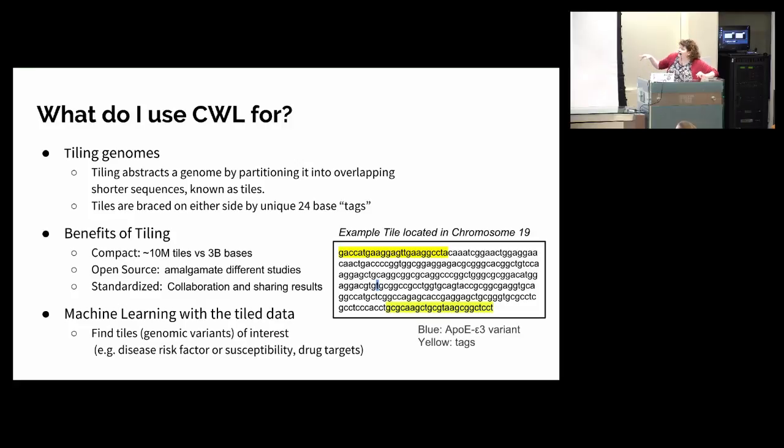If you have both of these variants, T on both sets, you're homozygous for APOE, and you're about 11 times more likely to get Alzheimer's. So we did a test case where we had cases and controls for Alzheimer's, and we picked out this tile. It's one of our test cases, things like this, to make sure we're getting the right answers before we go off and look for new discoveries. So that's what I do.